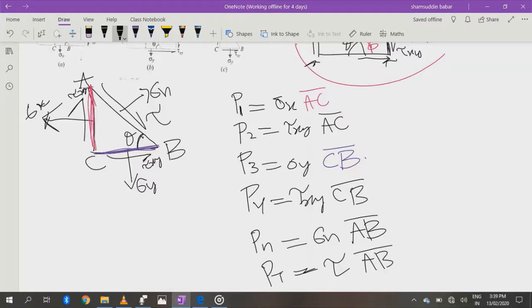So I have resolved all these into forces.